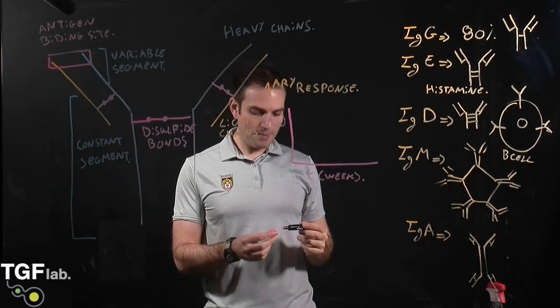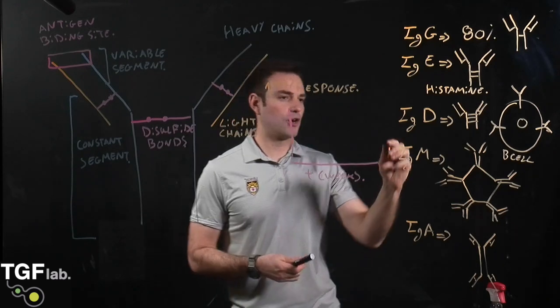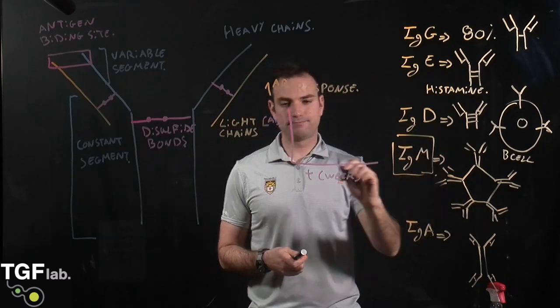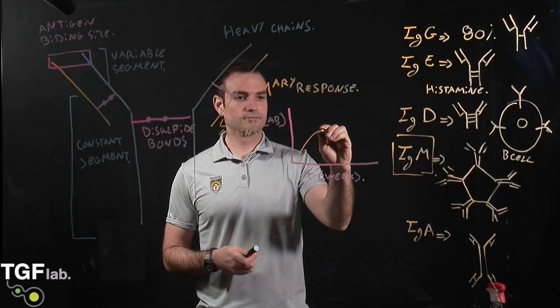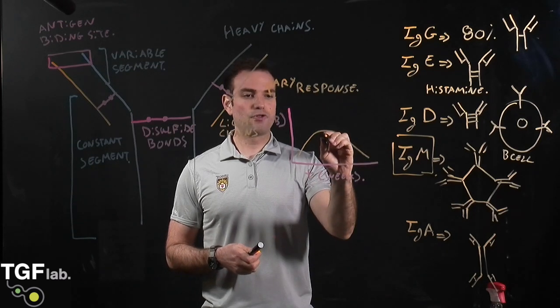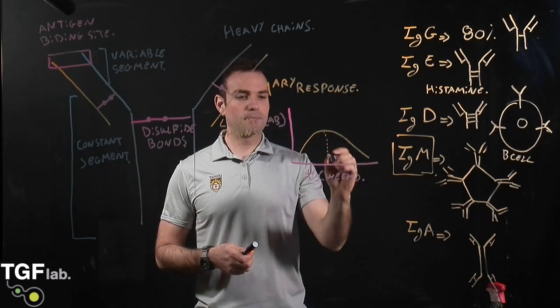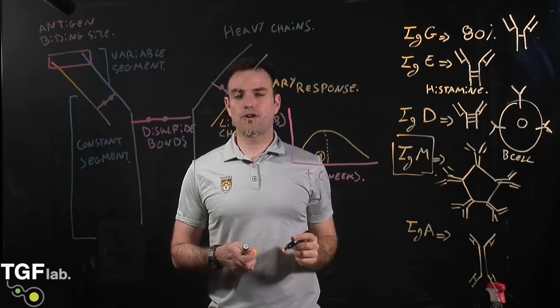So during the primary response, we're first going to have the IgM here. And the production of the IgM is going to peak around 1 week after the infection.